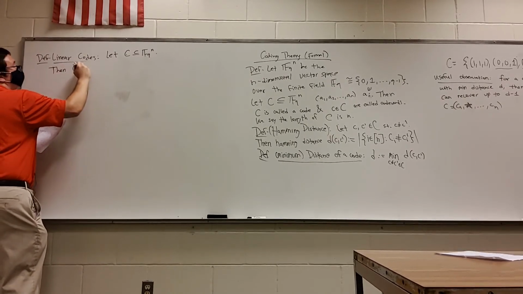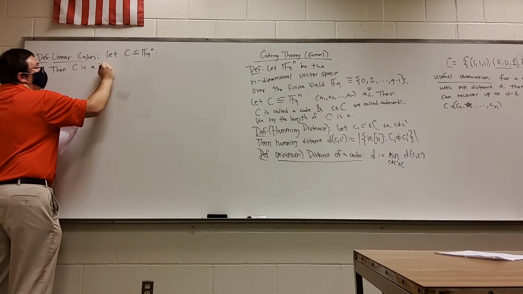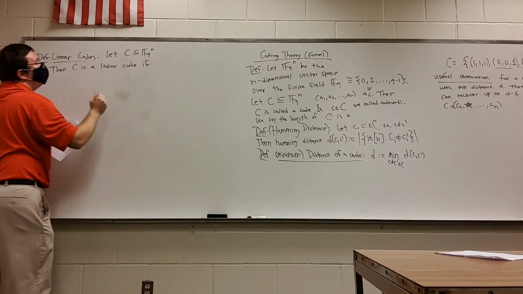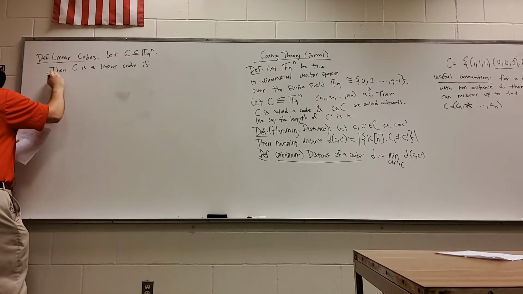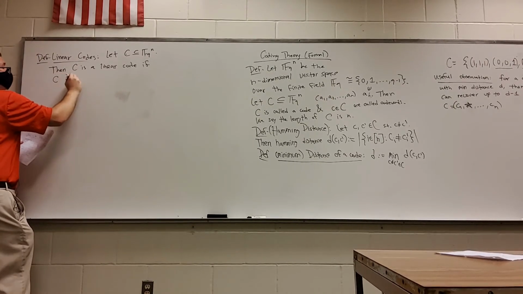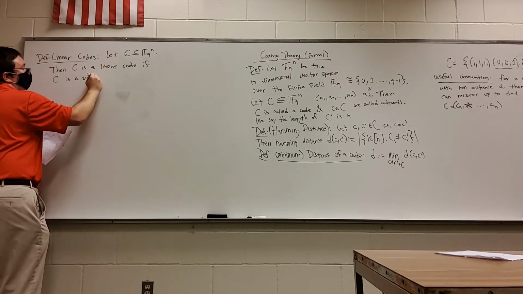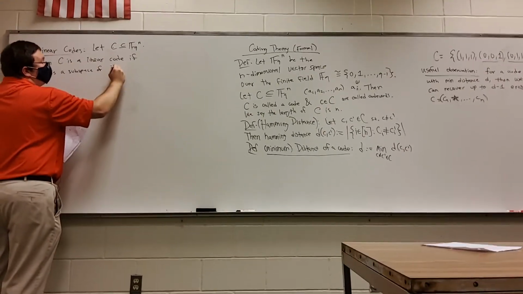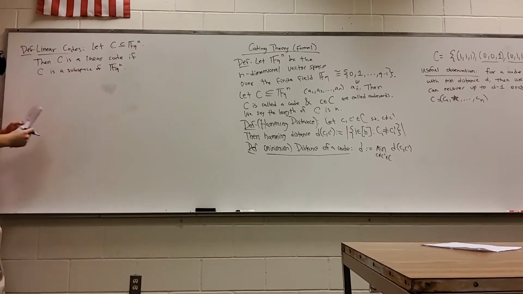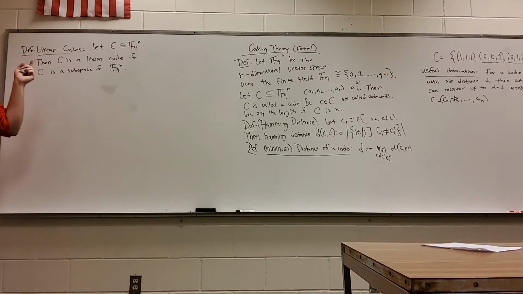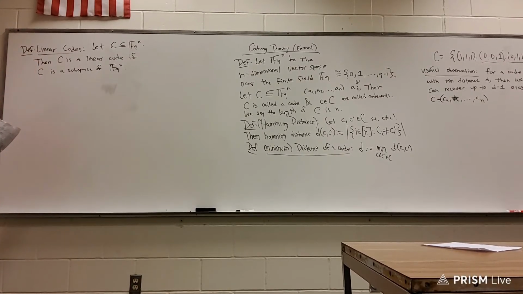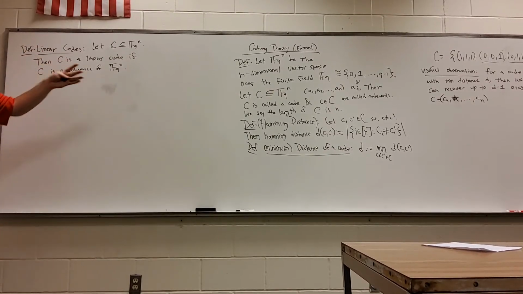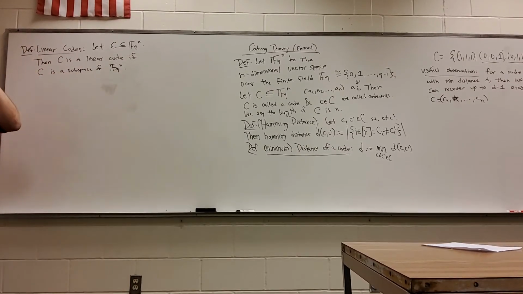Then C is a linear code if C is a subspace of F_q^n. So now is what you were saying, is it a subspace? It is a subspace if it's a linear code, but in general, it's a subset.